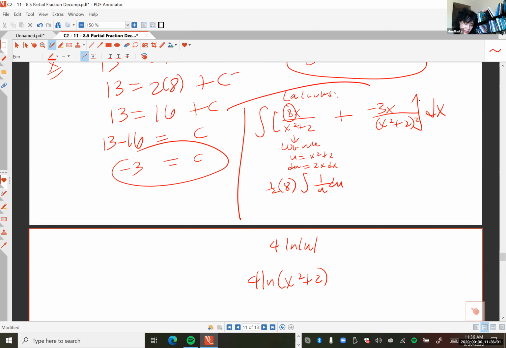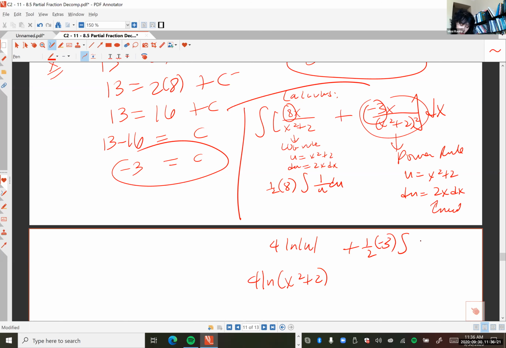Now this thing here is not the log rule. This is the power rule. So u is equal to x squared plus 2, du is 2x dx, so you need to put a 2 in there, of course. That's going to really be a half out in front, and you will have a -3 constant multiple. So this looks like du over u squared, which is really the integral of u to the -2.